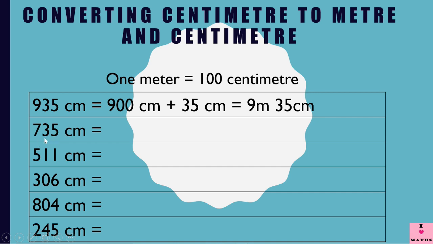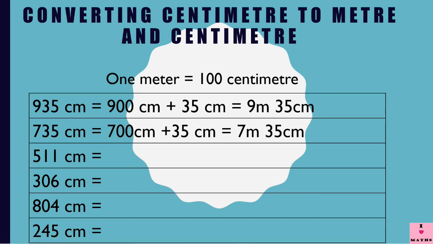So it will be 7 meters 35 centimeters. 511 centimeters is equal to 500 centimeters plus 11 centimeters. So 500 centimeters is equal to 5 meters. And this is 5 meters 11 centimeters.